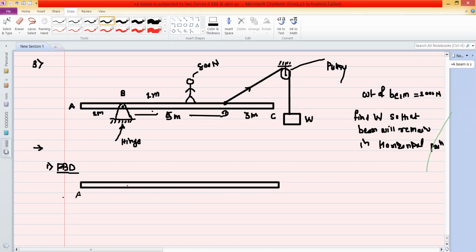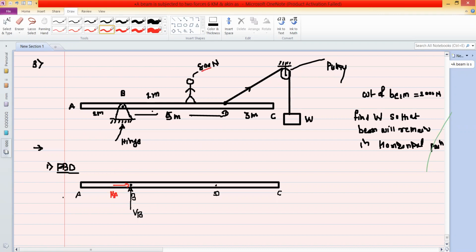This point is A, then the hinge point, that is B, then the cable connection point D, and this is the last point C. At point B it is the hinge support, so at the hinge support we will show the two reactions. One is the vertical reaction, VB, and there will be a horizontal reaction. Initially we can assume the direction for the horizontal component may be on the positive x side or negative x side. So this is the HA.